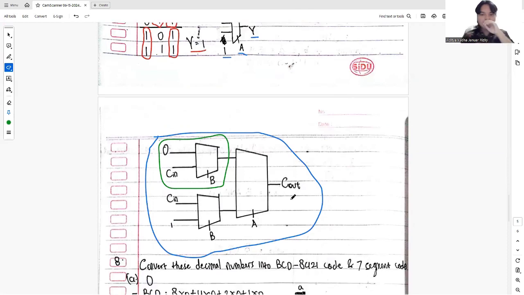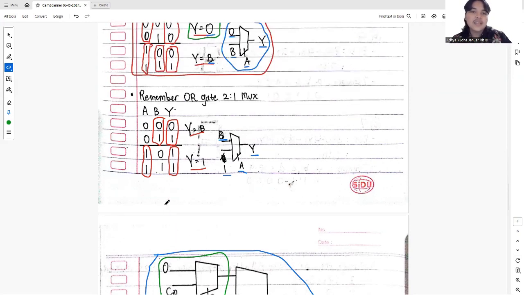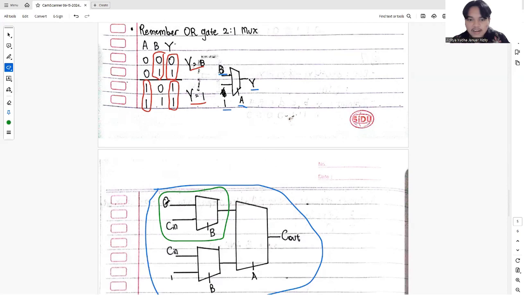So that's why B is the selector, and C in and 0 are my inputs.